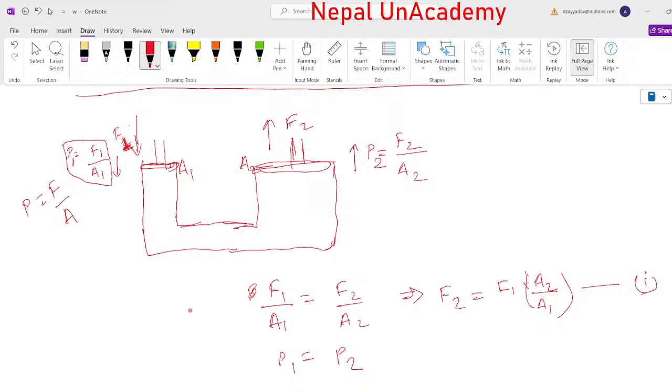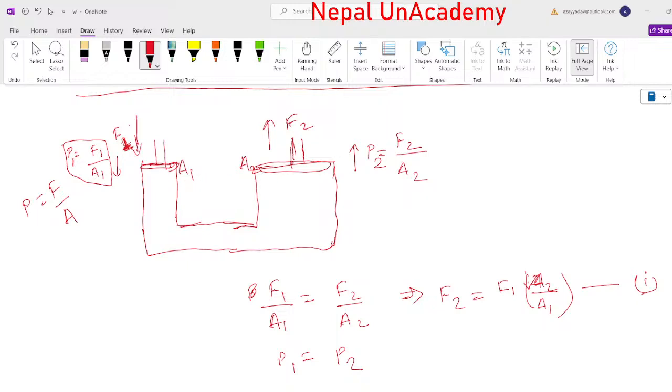The ratio of the area of the larger piston to the smaller piston multiplies F1 in the equation. This factor is always more than 1, because A2 by A1 is a bigger number divided by a smaller number. A2 is the larger value because it is the larger piston, and its area will always be greater than the area of the smaller piston.